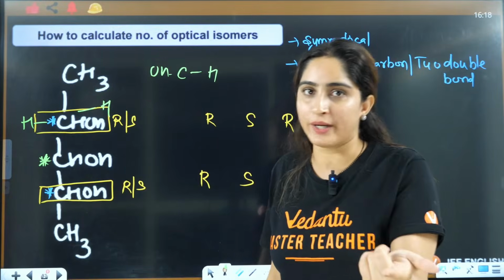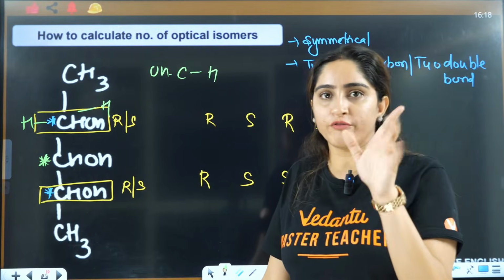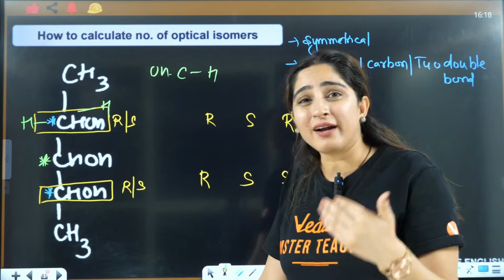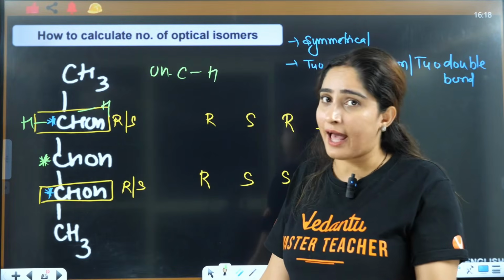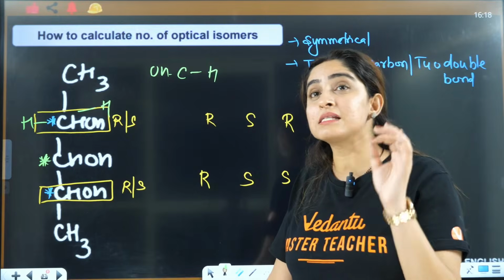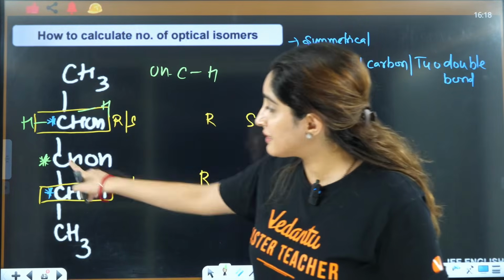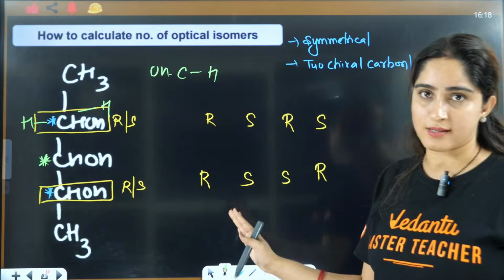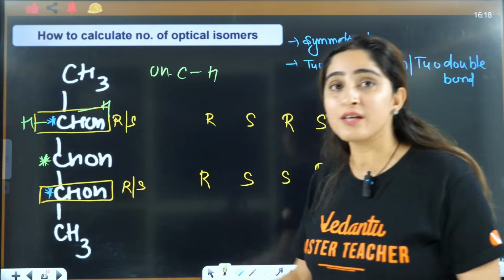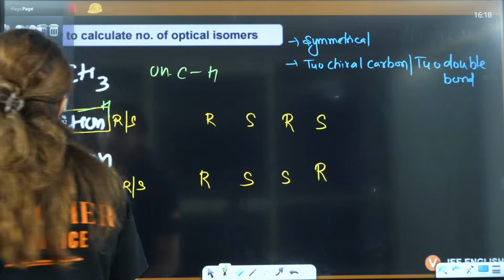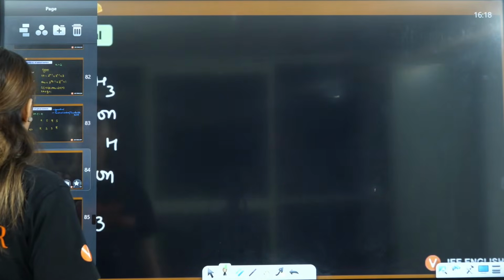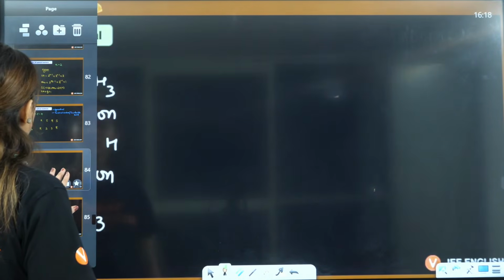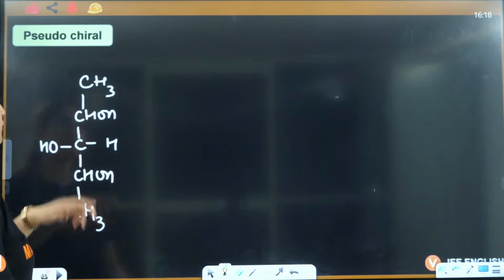From that only you can tell R and S configuration. Because here you can't tell that. So it can be R, it can be S. So that is why there is this confusion whether this can be chiral or cannot be chiral, depending upon these cases. So that is why this is called as pseudo-chiral, right?